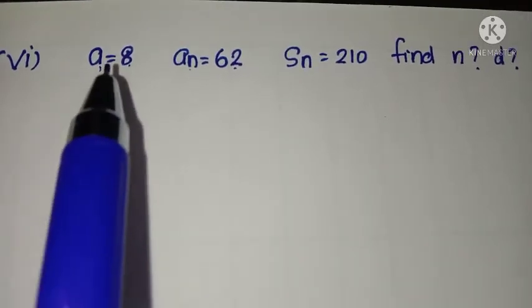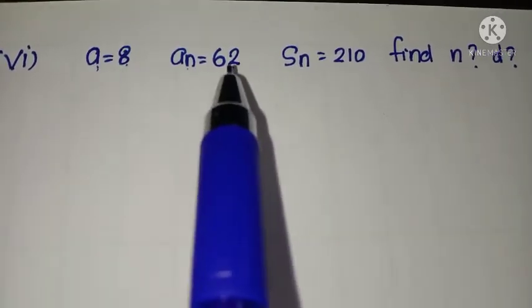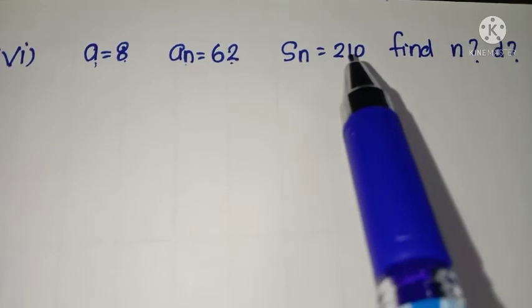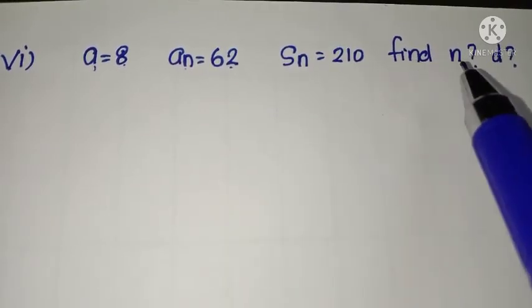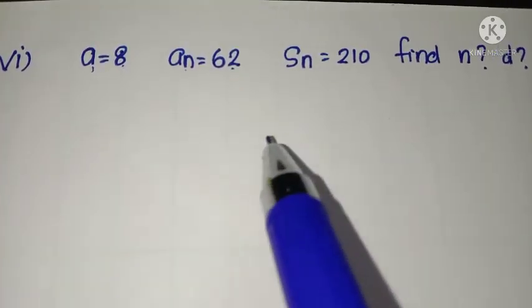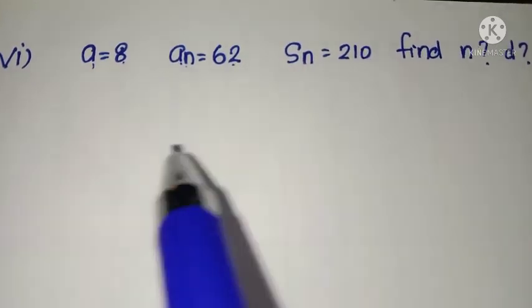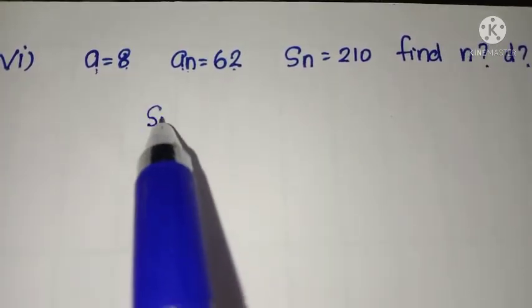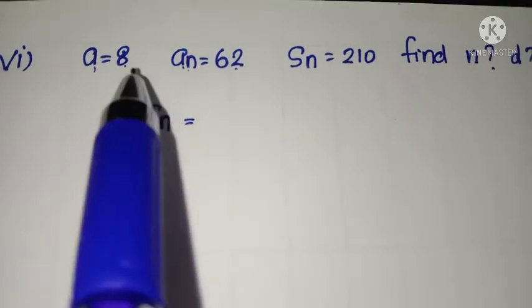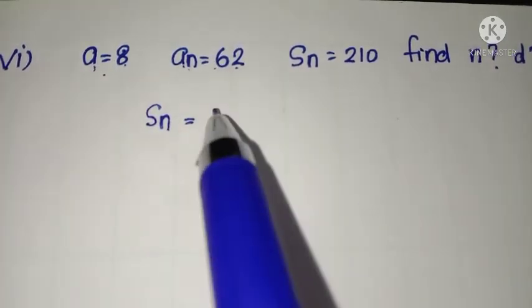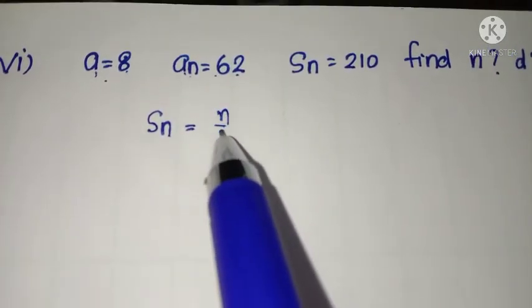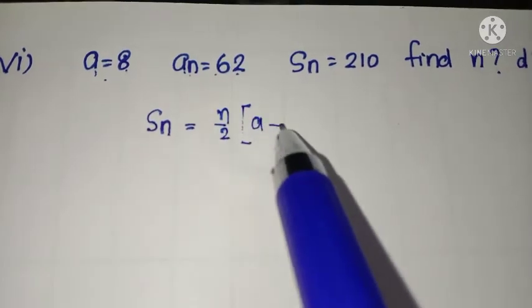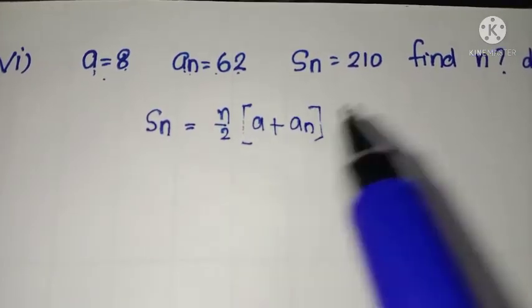6. Given a equal to 8, an equal to 62, Sn equal to 210, find n and d. So listen, an and Sn are given. Here the first term and last term are given, so use the formula Sn equals n by 2 into first term plus last term.